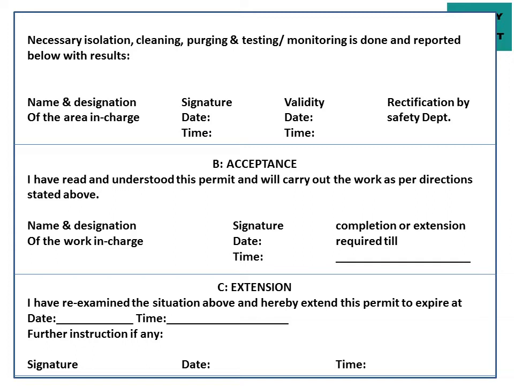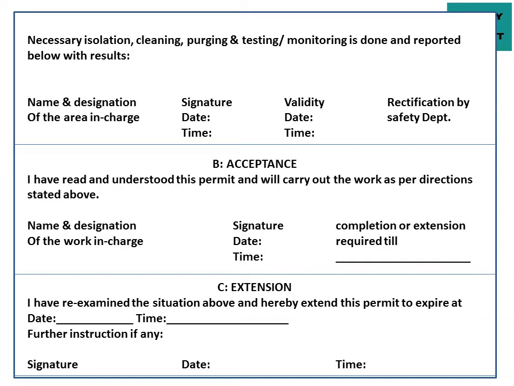The second part is acceptance. The first part was about the issue, and the issuing authority fills up that portion of the work permit. The second part is acceptance: "I have read and understood this permit and will carry out the work as per direction stated above." The person under whose direct supervision the work is going to be carried out accepts the permit and declares this.